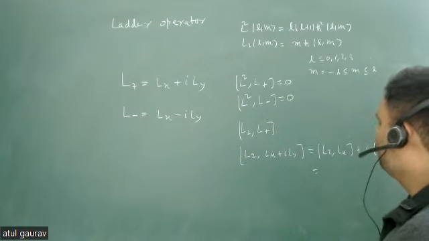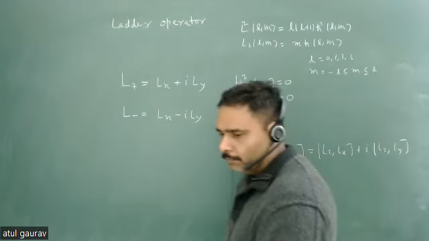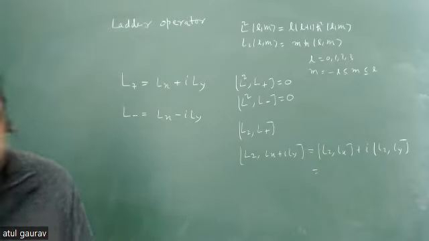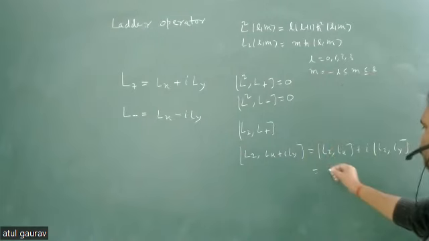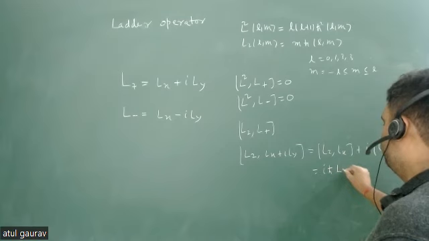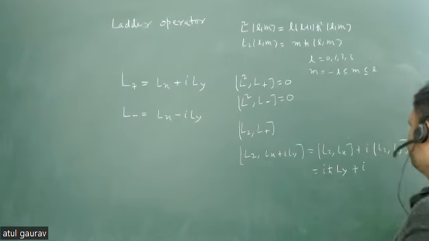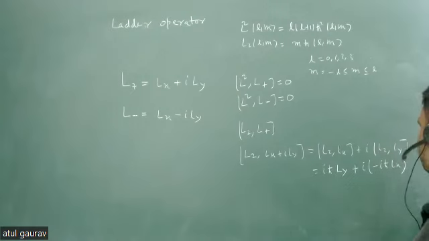So what will [Lz, Lx] be? It is iħ Ly. And [Lz, Ly]? Minus iħ Lx.